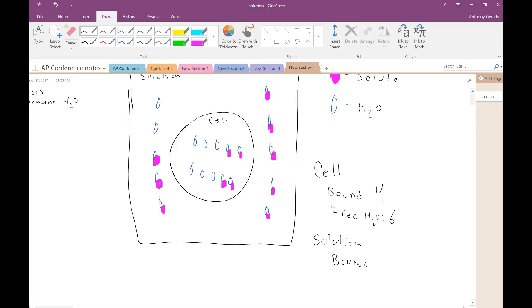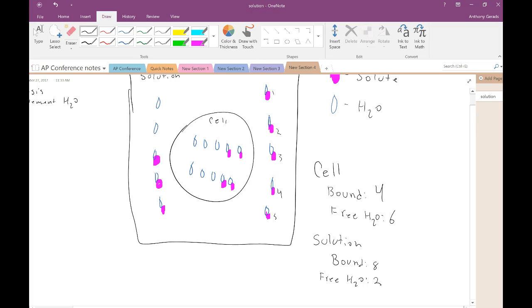No. You have 6 on one side. I have 5 on one side. You have 6 on the other side. There's 8 bound. Count again. Oh, yeah, you're right. Okay. I have 8. And then number of free water molecules, I have 2.